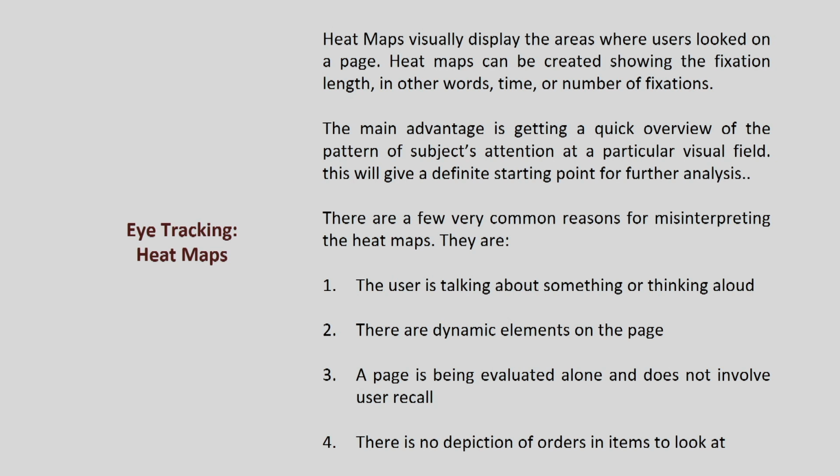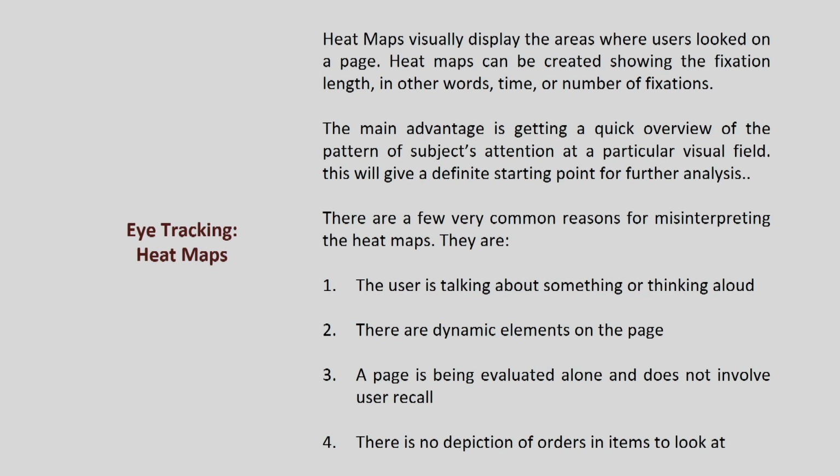Blue means cold, red means hot. Okay. So that way you can identify, on the screen or on the product or on the shelf or on the display image, where the person is looking, how long, what is the concentration and all those things.